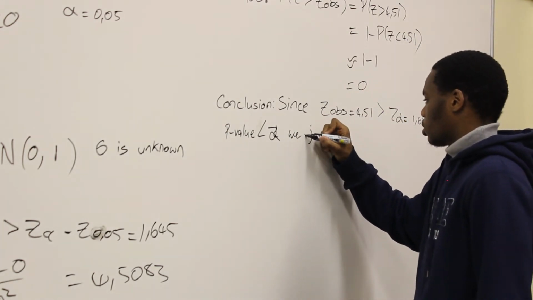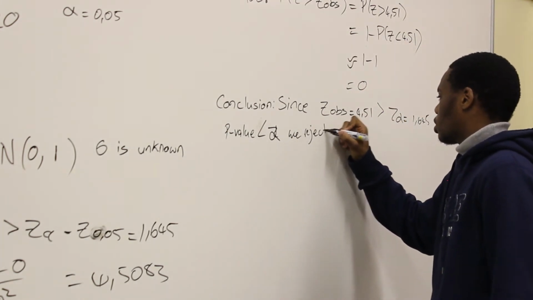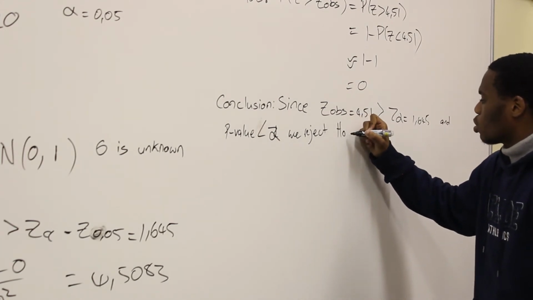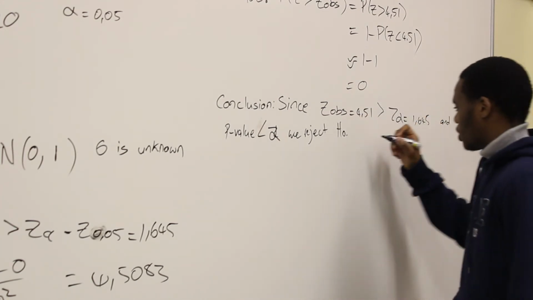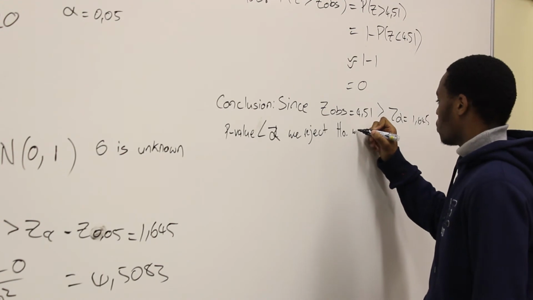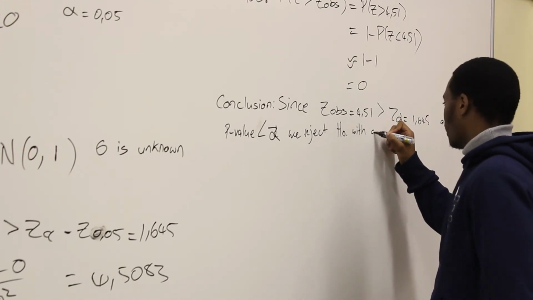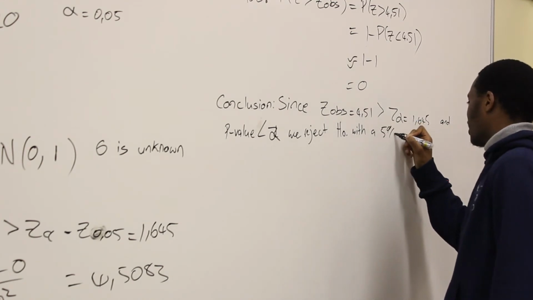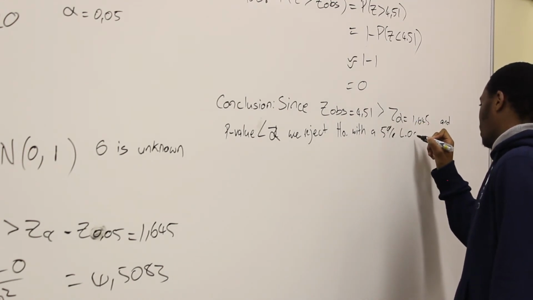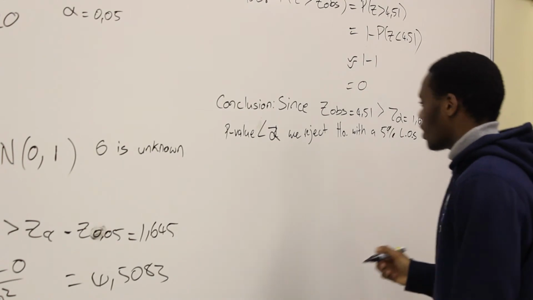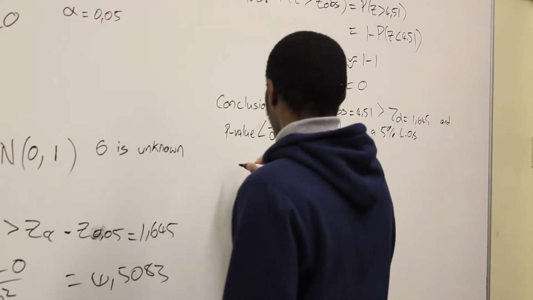Reject H0. And then we use it with a 5% level of significance, LOS. Right.